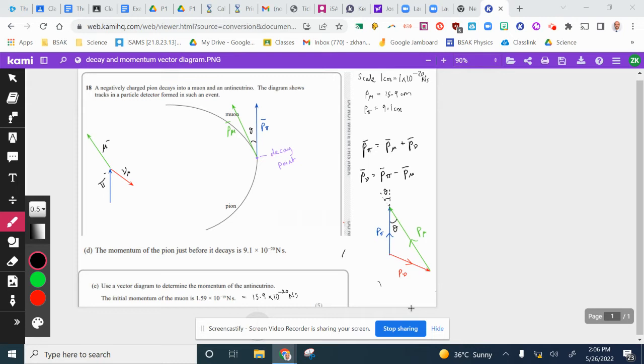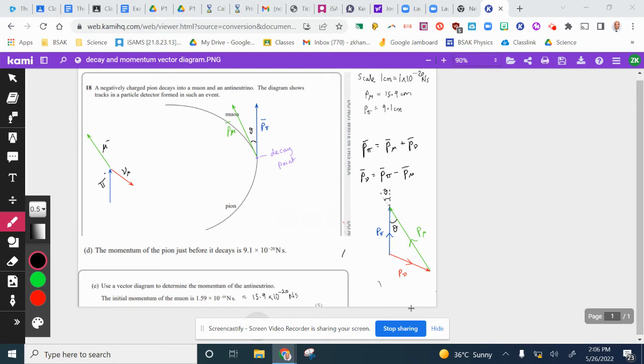I've chosen a scale of 1 centimeter equal to 1 times 10 to the minus 20 newton seconds. That means that the muon has a momentum equivalent to 15.9 centimeters on my scale drawing, and the pion has 9.1 centimeters.